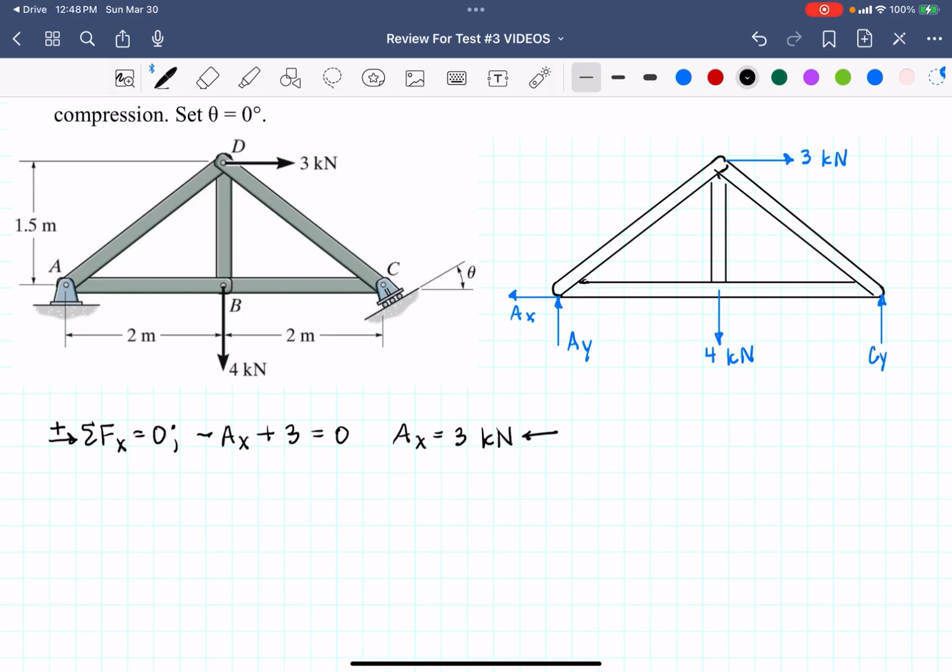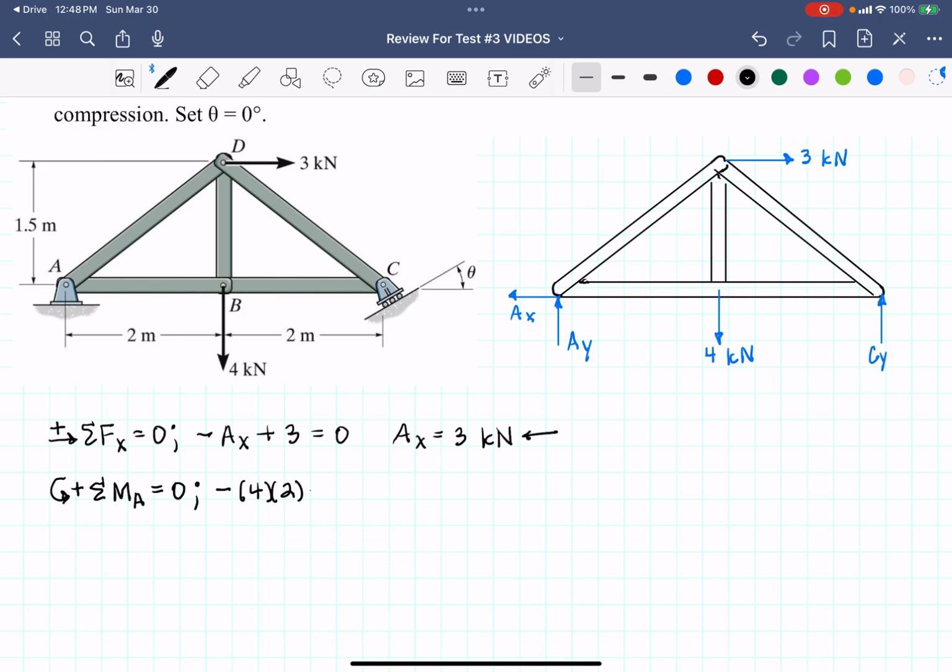And then let's do the moments. Let's sum the moments about point A. It really doesn't matter right now because we could do them about C also. If I sum the moments about point A, I'm going to have the 4 kilonewton force down is negative, and it is 2 meters away. And then I've got the 3 kilonewton force.